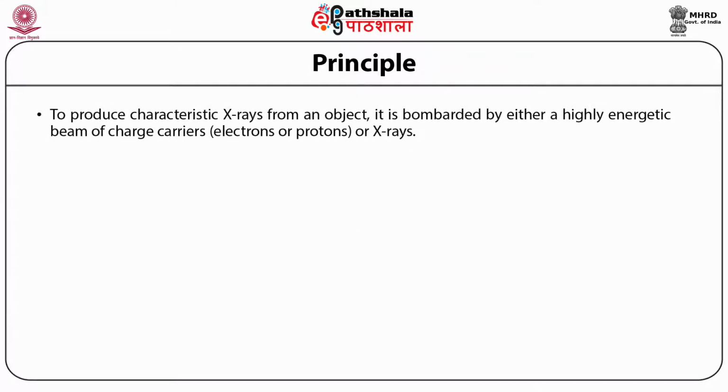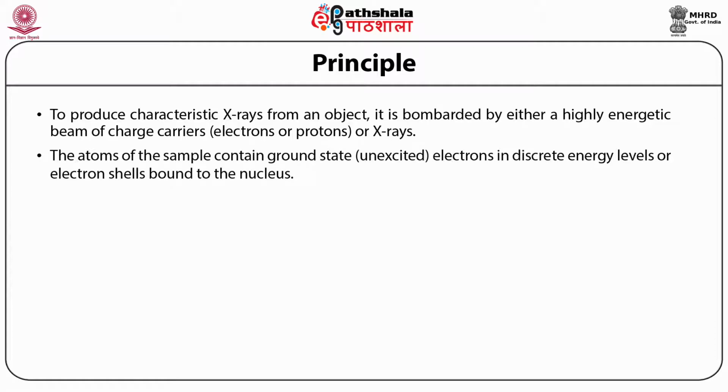To produce characteristic X-rays from an object, it is bombarded by a highly energetic beam of charge carriers, that is, electrons or protons, or X-rays. The atoms of the sample contain ground state, that is, unexcited electrons in discrete energy levels, or electron shells bound to the nucleus.